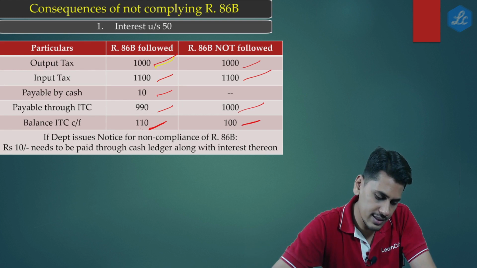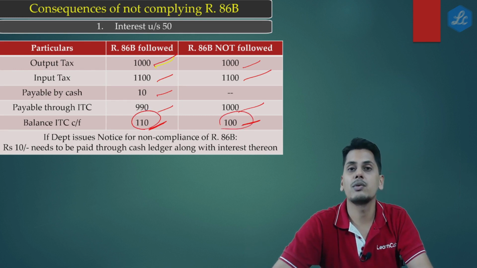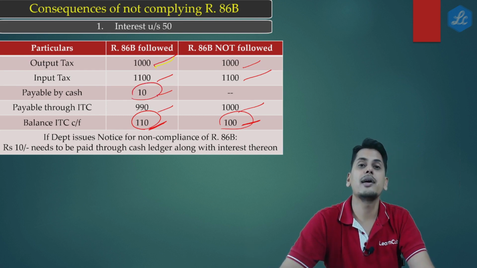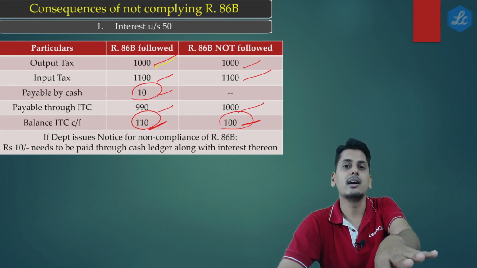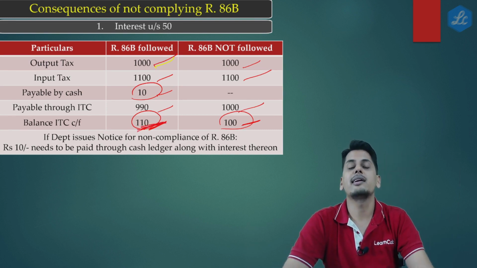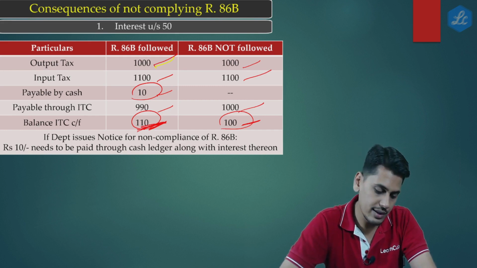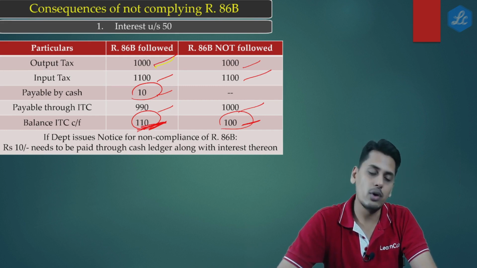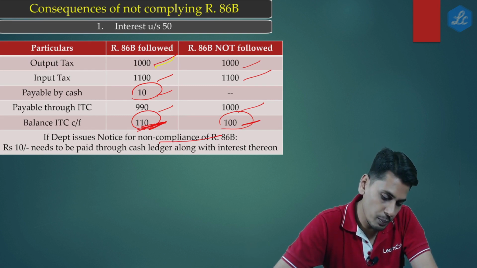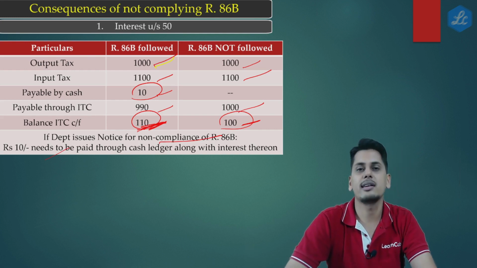As we can see, here ITC carried forward is 110, here it is 100. Why is there a difference of 10? Because here 10 rupees is paid through cash ledger, and to that extent the credit ledger doesn't get utilized, so the carried forward balance stays at 110. So in this case, if the department issues a notice for non-compliance of Rule 86B, then rupees 10 needs to be paid through cash ledger along with interest thereon.